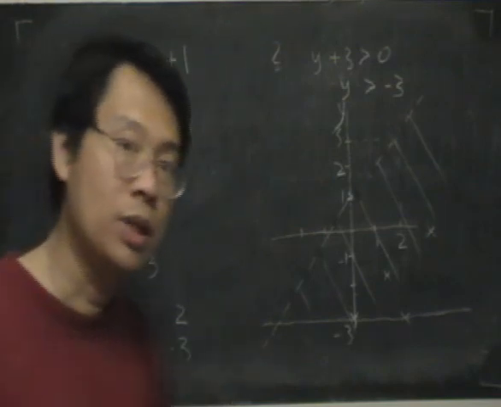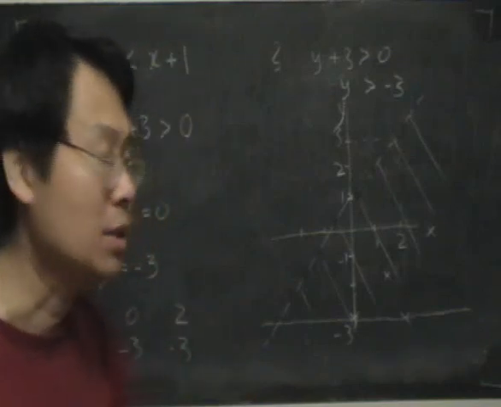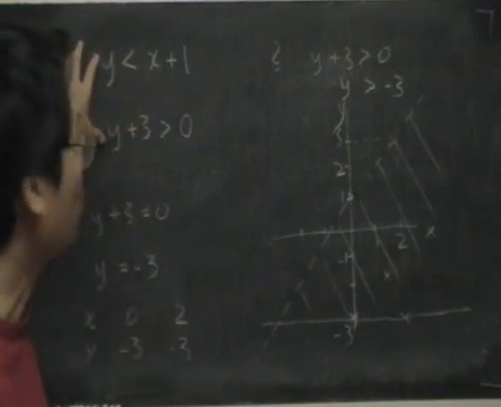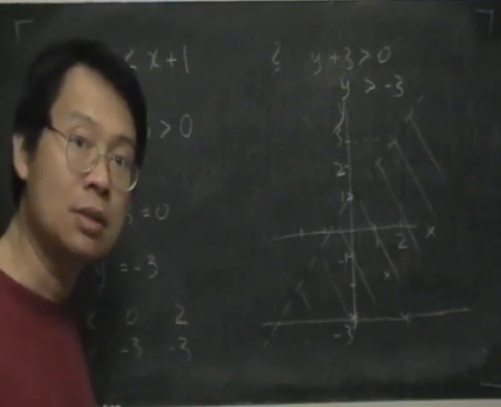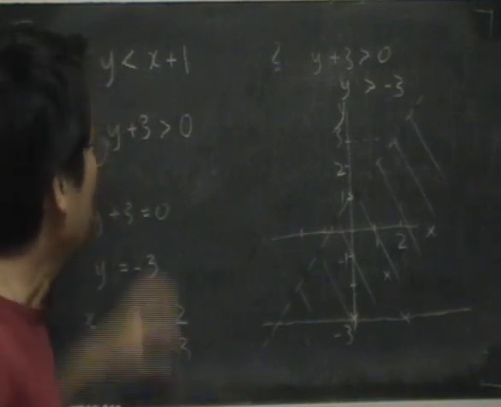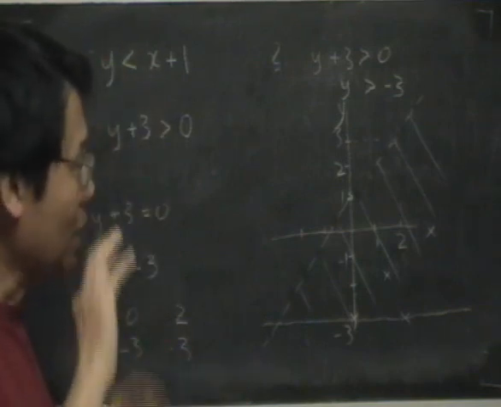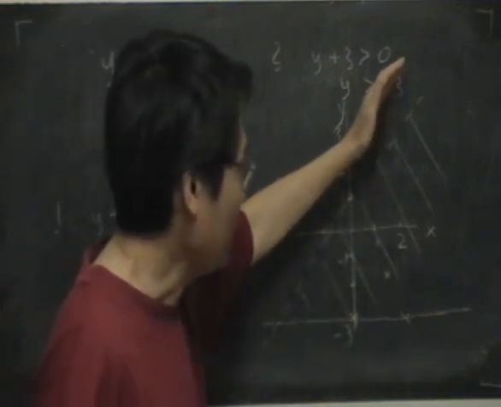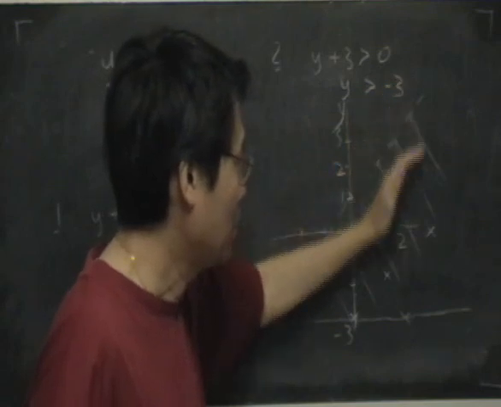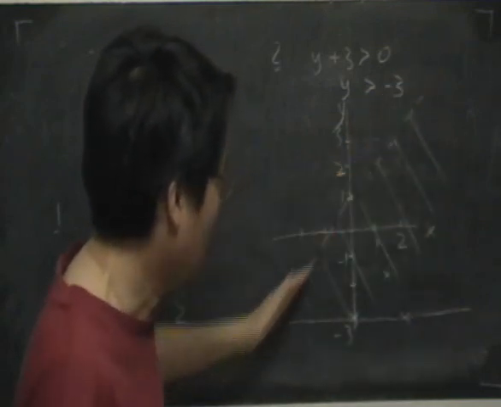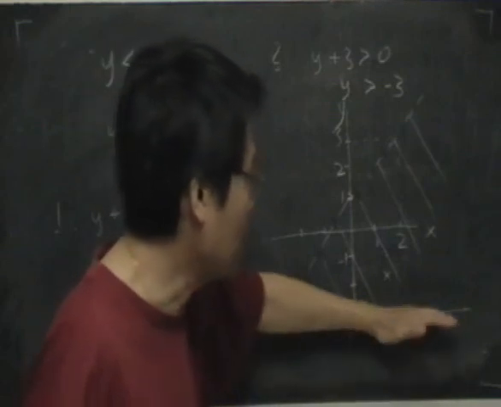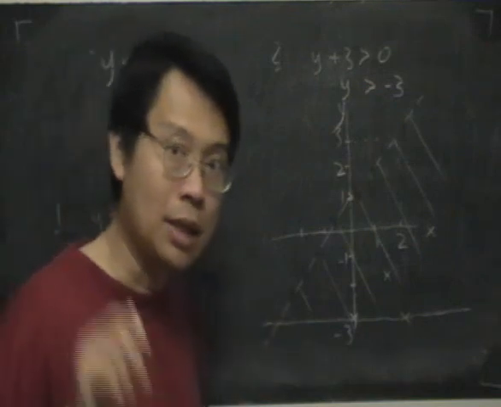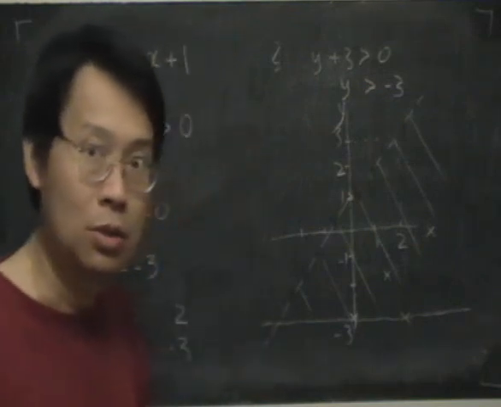But what we really want is an area where the x and y's agree with both inequalities, satisfy both inequalities. We want both to be true. So if you think about the areas here, we have one area that must be below that line, and we have another area that must be above the horizontal line. So what we need is an area that is common to both.